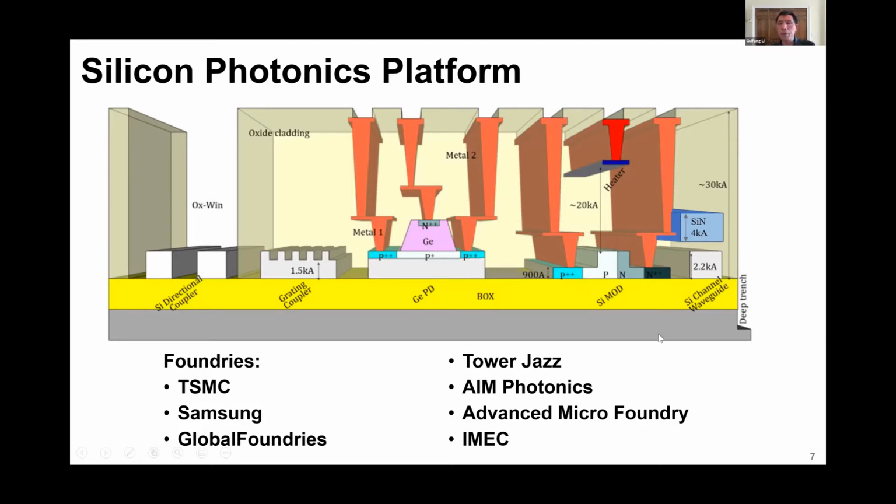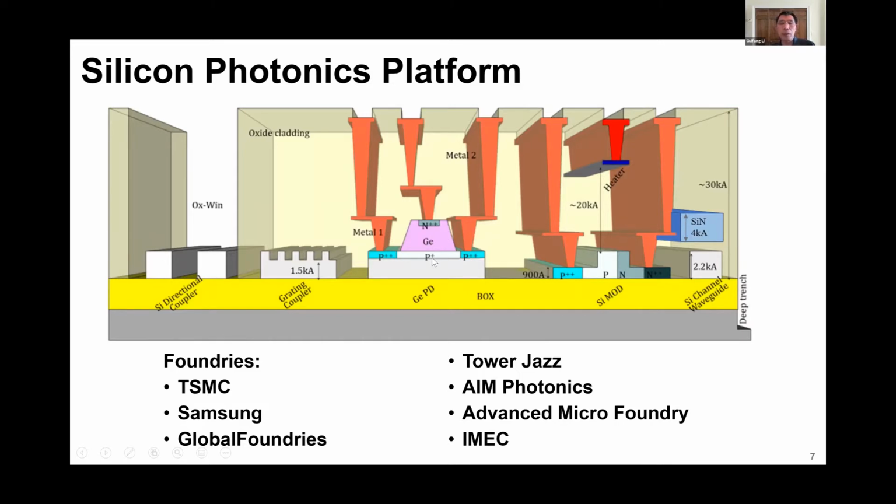If you look at the platform, the gray here is the silicon substrate, and then there is an oxide layer, which is yellow, and then on top of that, there is a 2.2 kiloangstrom or 220 nanometer silicon layer, where you can make waveguides. This is a modulator, a PN junction silicon modulator. And then there's a detector, a germanium, silicon germanium detector.